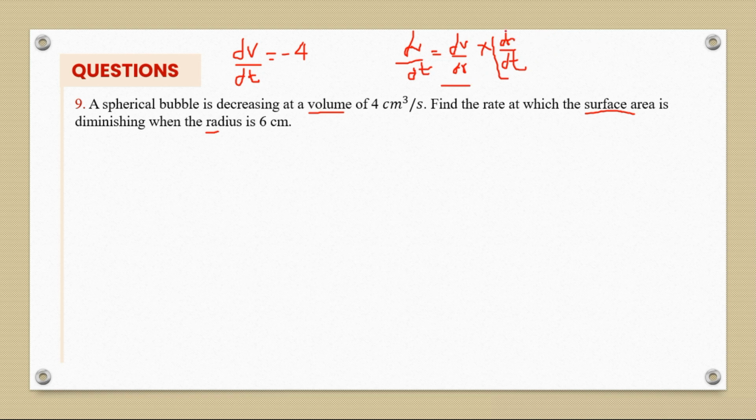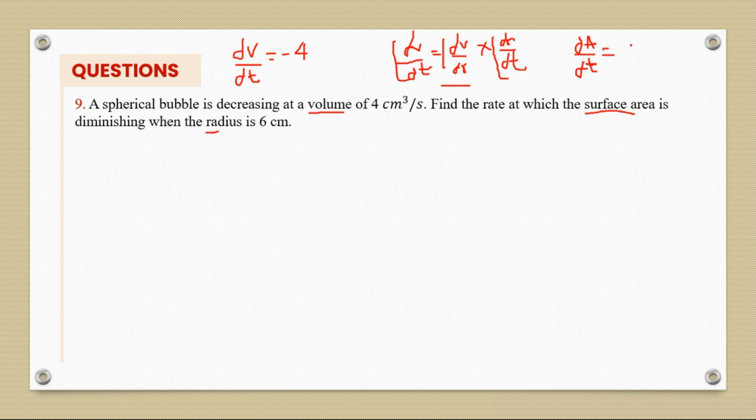So once we have the rate of change in radius, which is this dr dt, because in this case dv dt is known and we shall find dv dr as we're working it out, we can now use this dr dt to find the rate of change of surface area, which shall be this. So we're also going to relate the rate of change of surface area to the radius.